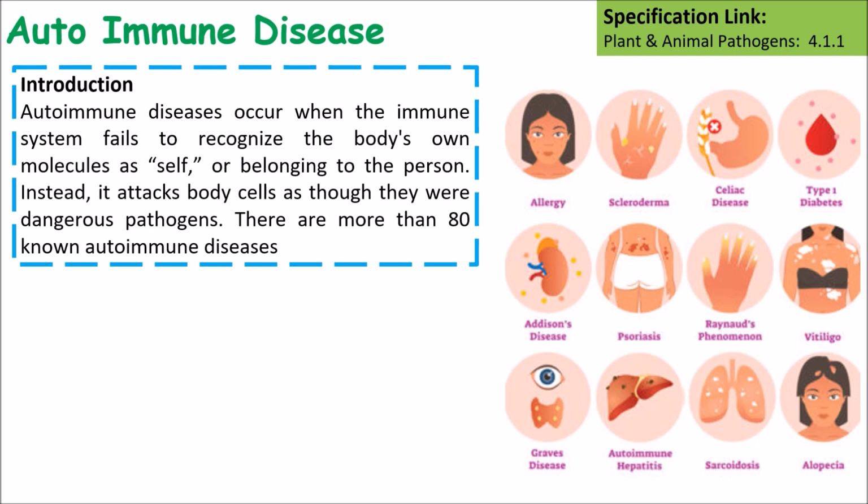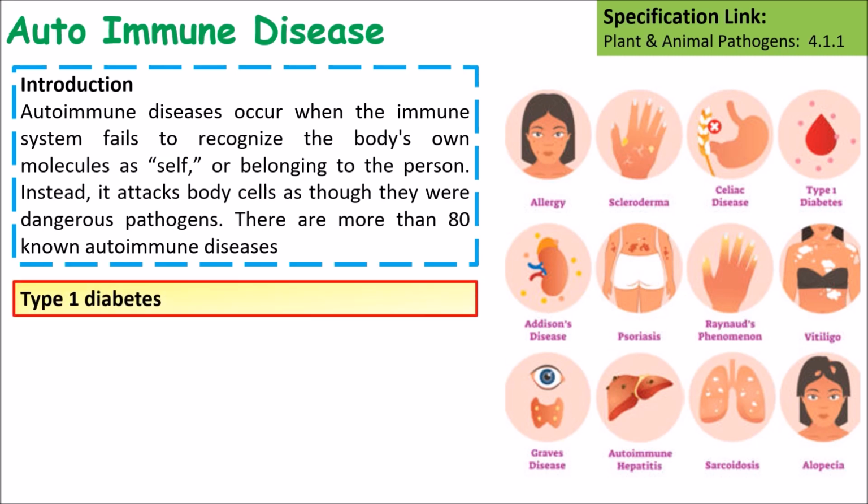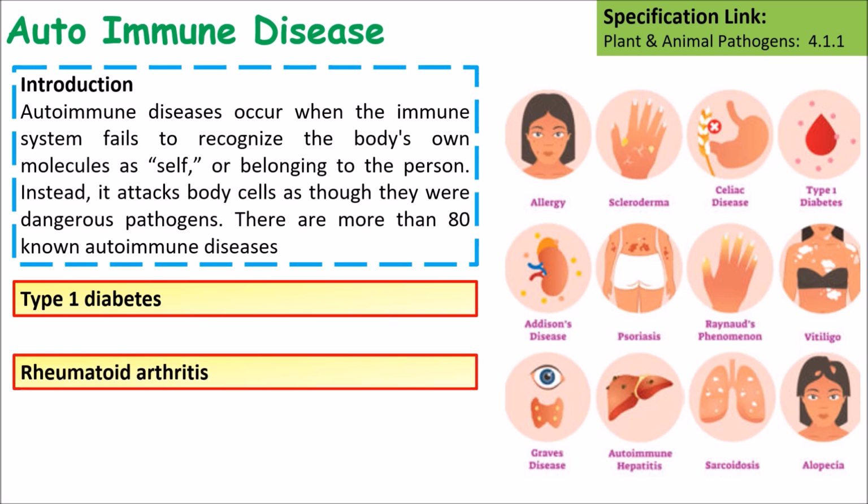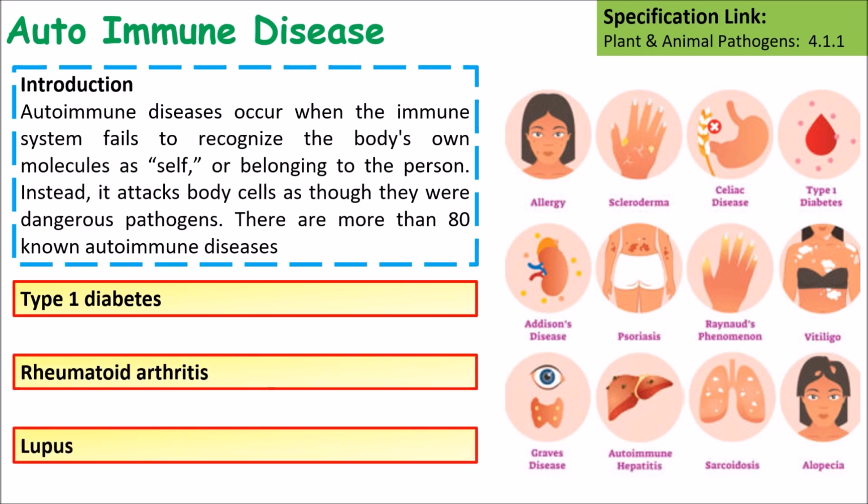So instead it attacks the body cells as though they were dangerous pathogens. There are more than 80 known autoimmune diseases. The ones that are important that you need to know about are type 1 diabetes, rheumatoid arthritis and lupus. So we'll have a quick look at these in a bit more detail.